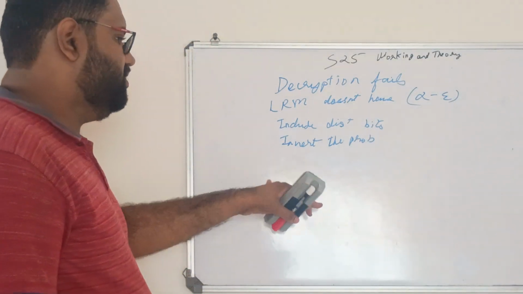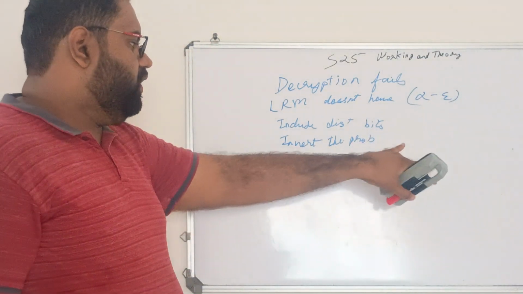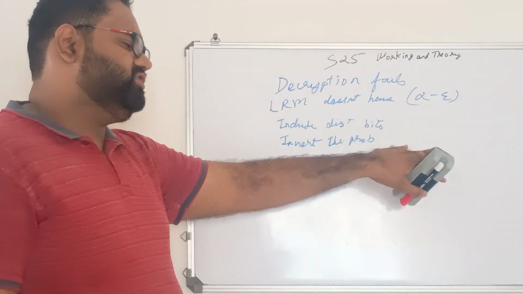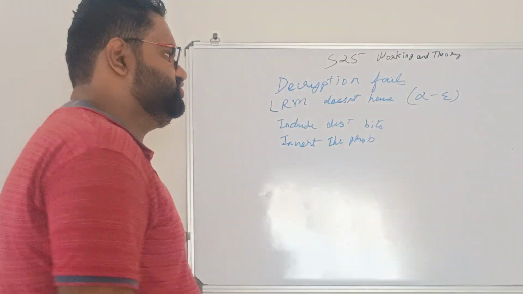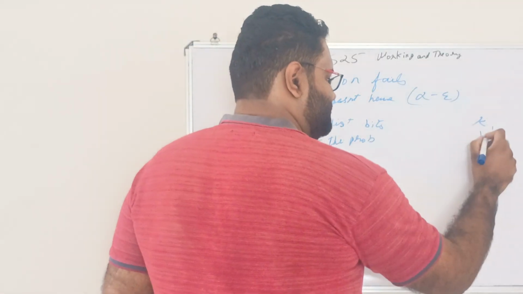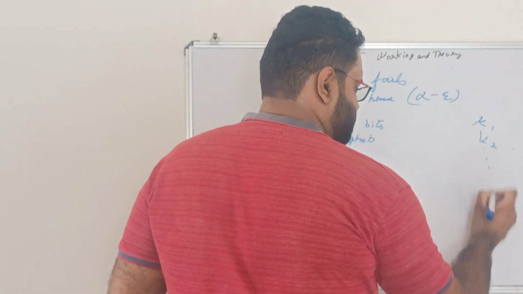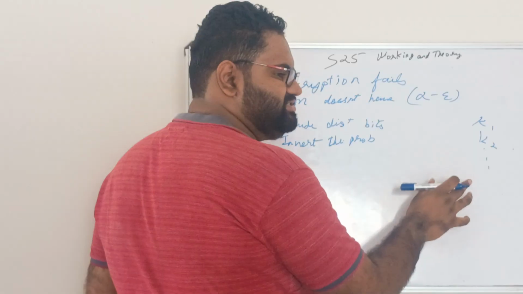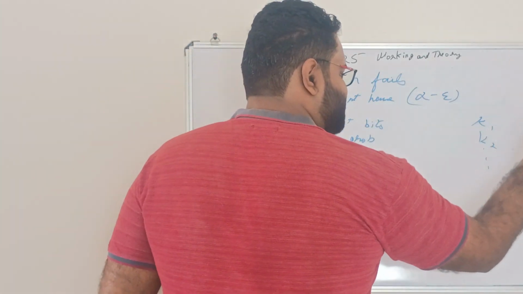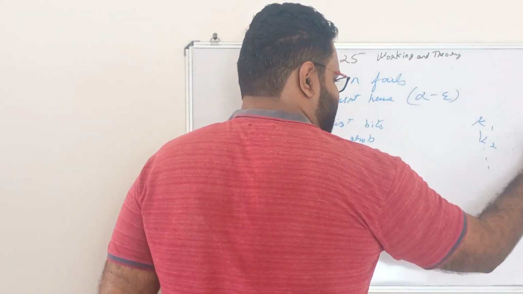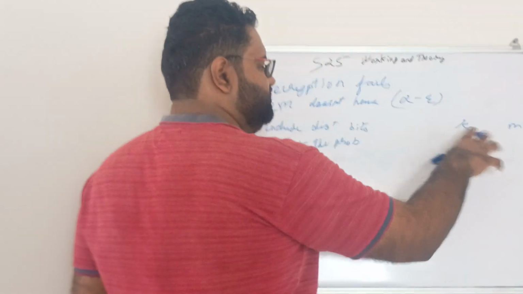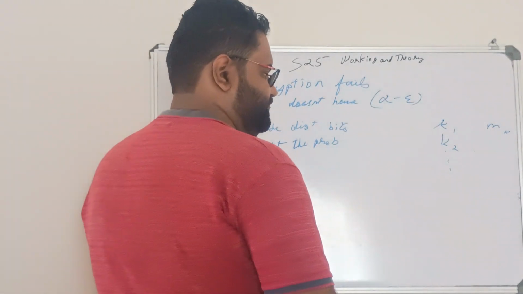When I invert the problem, I'm looking at which Ki have the closest LRM to the given LRM. So B has K1, K2, and so on. Which of these have the closest LRM to the incoming message, let's say MK? So which of these are the closest to MK?